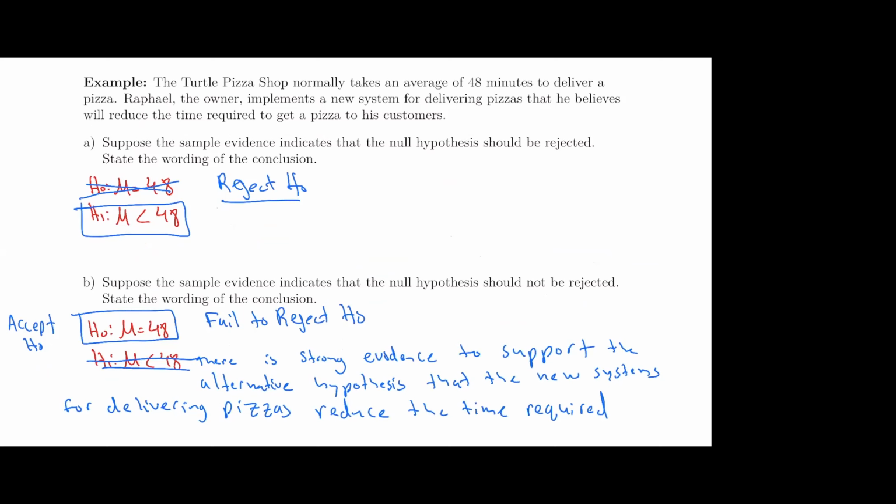The only thing you'll change is that instead of putting strong, you put weak, because since we weren't able to reject the null hypothesis, the evidence we have wasn't strong enough. So you say there is weak evidence to support the alternate hypothesis that the new system for delivering pizza reduced the time required.